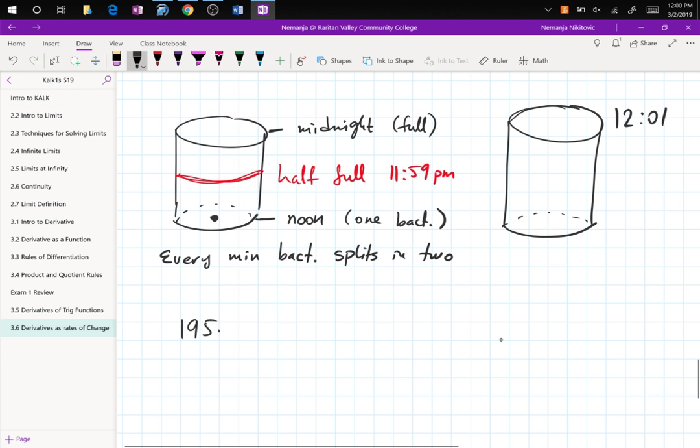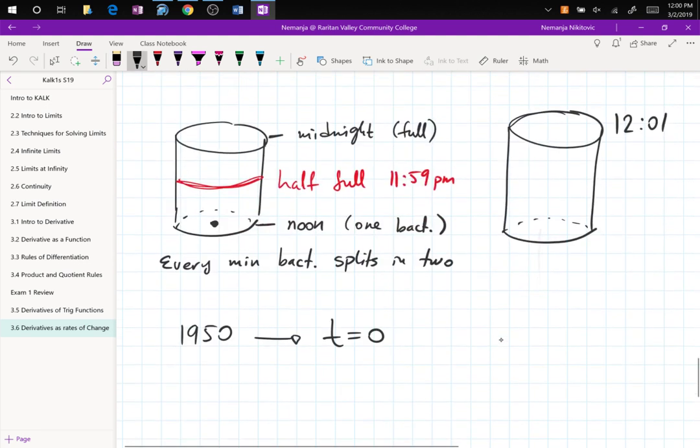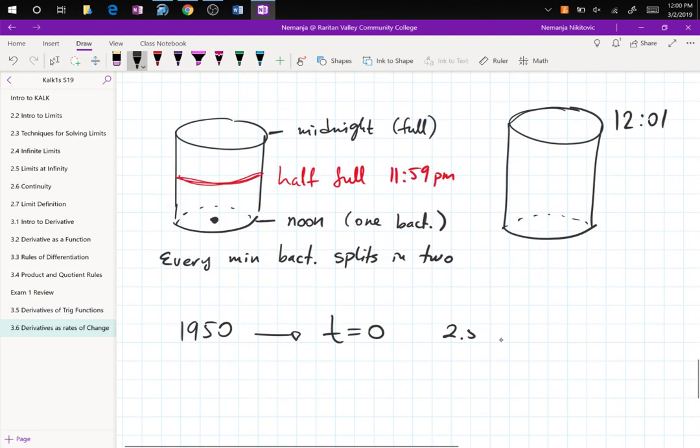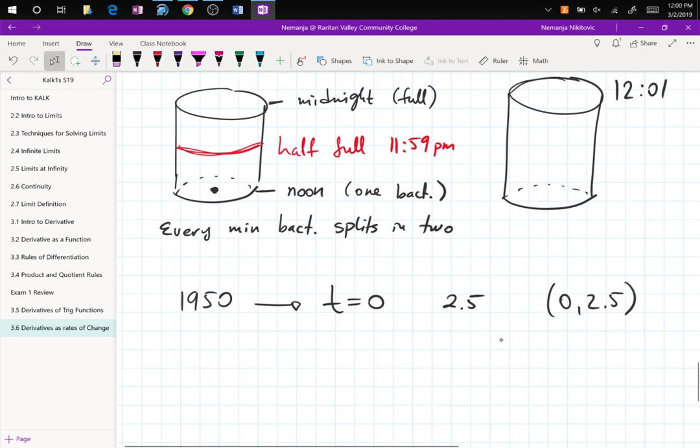So your 1950 now will be cast as t equal to 0 because we don't want to drag these thousands around. And at that level, I'm just going to round these numbers at 2.5 so that I can have my 0, 2.5 as the first point. Now, anytime when you have t equals 0, then immediately the second value is your initial point for exponential models.